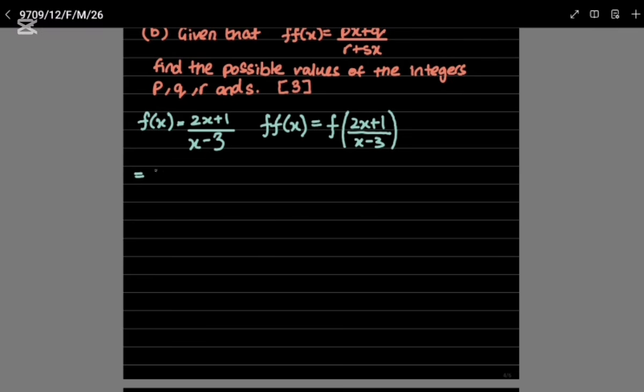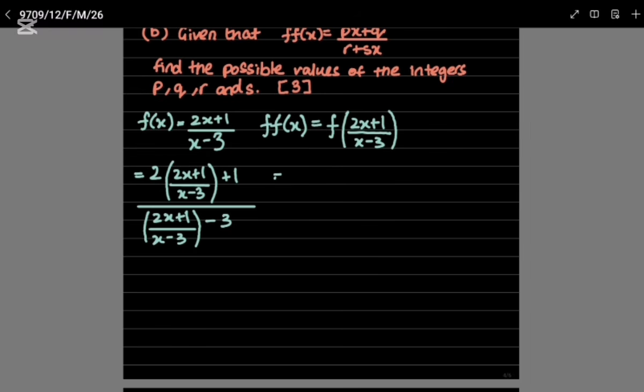which gives you 2 into 2x plus 1 over x minus 3 plus 1, over again 2x plus 1 over x minus 3, minus 3 over there.